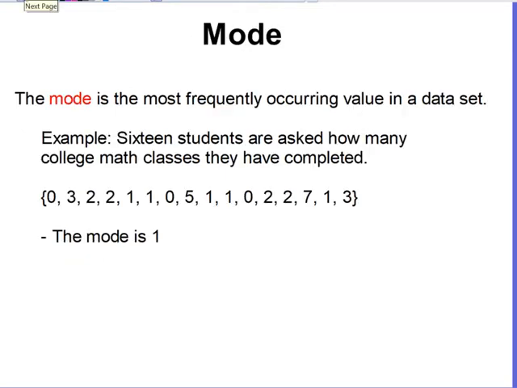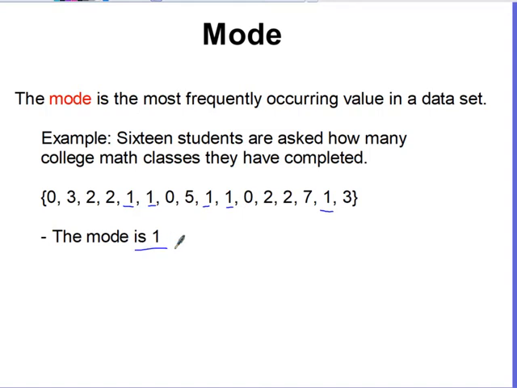First off, the mode. The mode of any set of data is the number that occurs the most. Here are 16 students who were asked how many college math classes they've completed. Looking through, you've got a bunch of ones here, so the mode is 1.